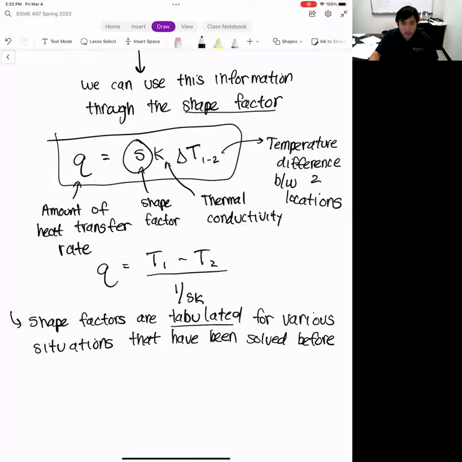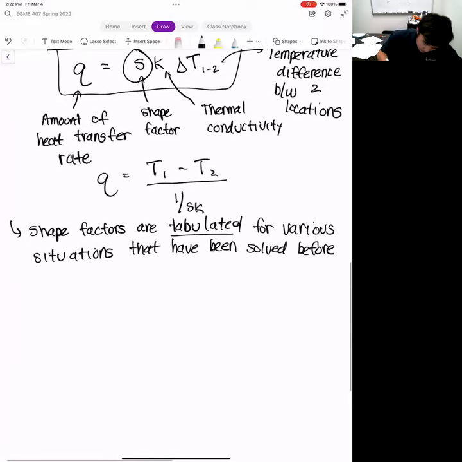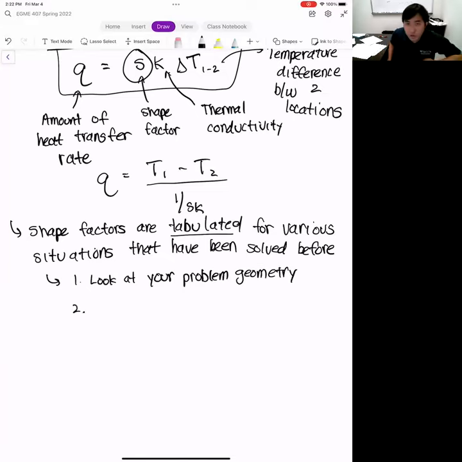Okay, and so the way that you basically do this is that you look at your geometry. Okay, so step one, look at your problem geometry. Okay. After you look at the problem geometry, the next step is to find the entry in the table that matches this geometry.